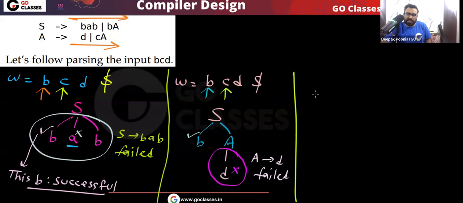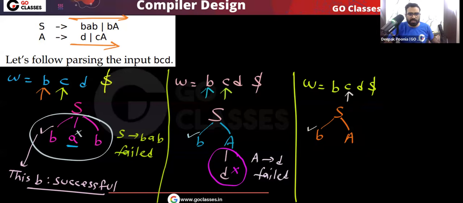So you can see that now you are here, B C D dollar, and this S going to B A. This B is already a success, this B was already matching. So the current input symbol is C. Now you are standing here and you will try the next A production.